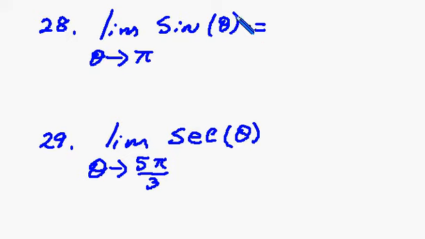Okay, so we have the limit of sine theta as theta approaches pi. So once again, we just do direct substitution. And you need to know what the sine of pi is, and hopefully you know that. That is 0.